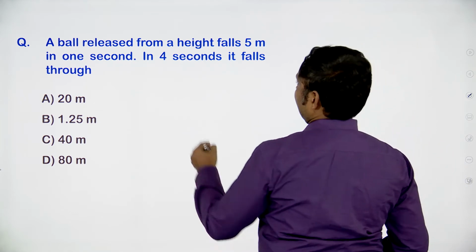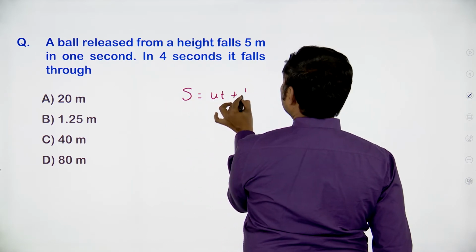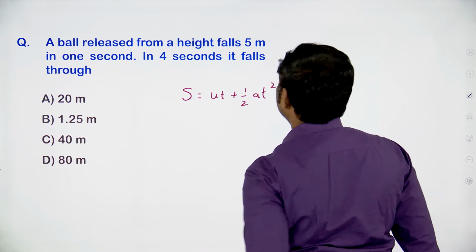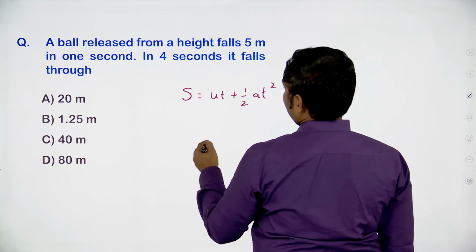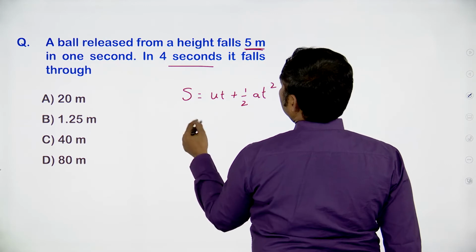You will get that S is equal to ut plus half at square. This is a very simple problem. They have given that in 1 second it's going to be 5 meters. In 4 seconds it's going to be 20 meters.